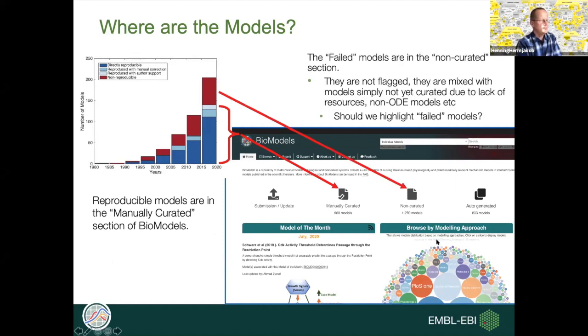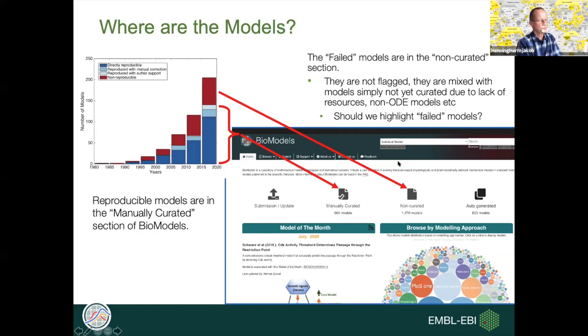The non-reproducible models are in the non-curated part of BioModels, but they are not flagged. They are mixed in with models which are simply not yet curated due to the lack of resources, with models which are non-ODE models, etc. And there are two reasons for this.